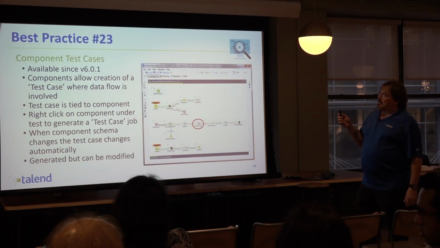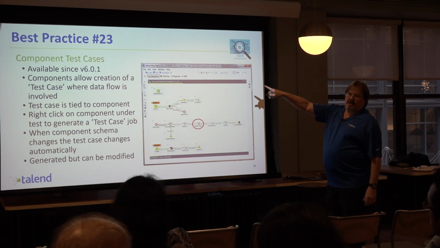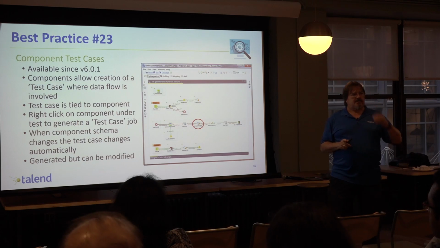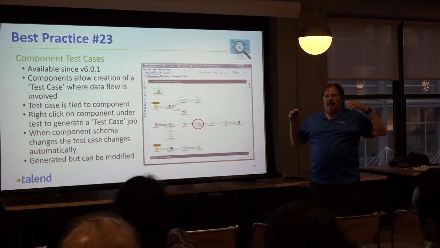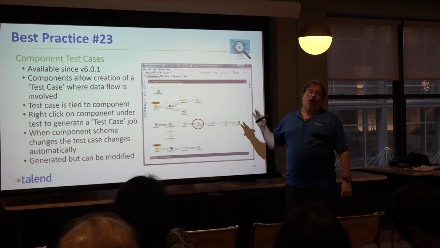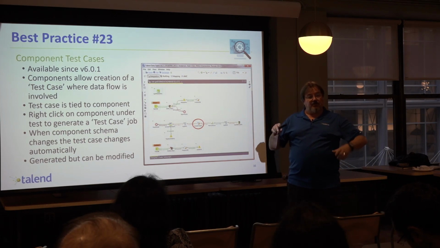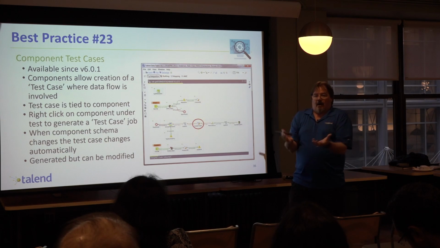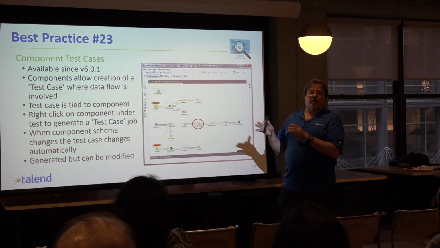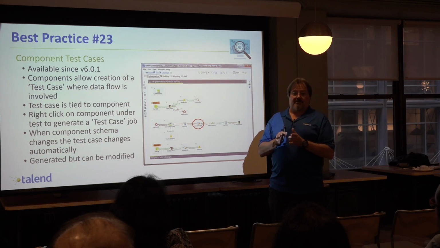A new feature that we added in 6.2 was the ability to create test cases. Now, some people say, well, isn't that a unit test? And no, not really, because a unit test is meant to test a unit or a module. What this is, is the ability to create a test wrapper around a component.